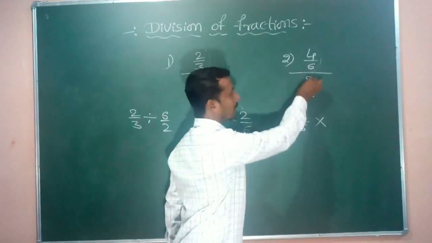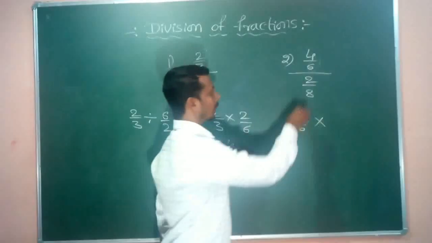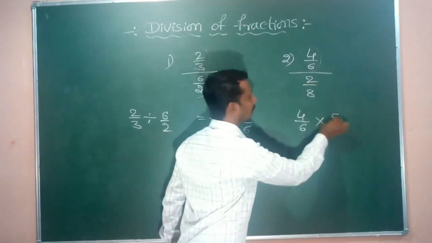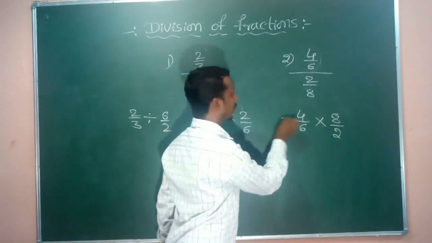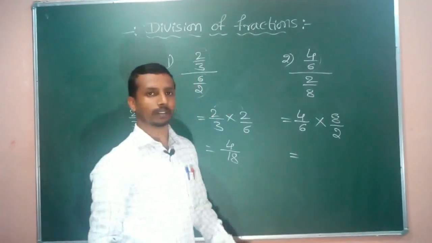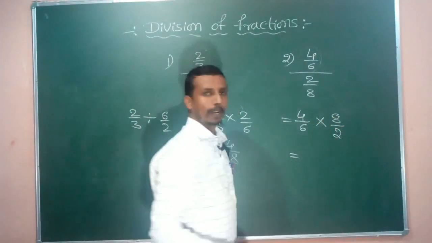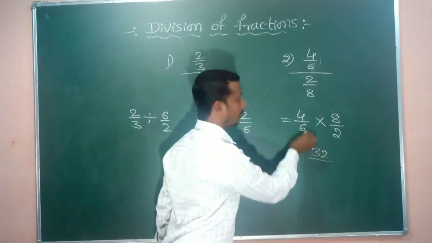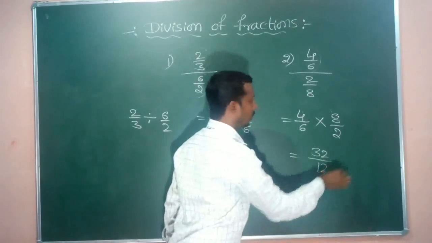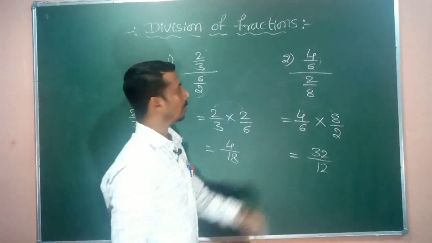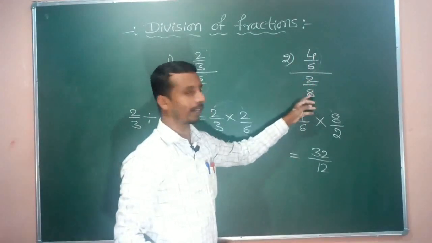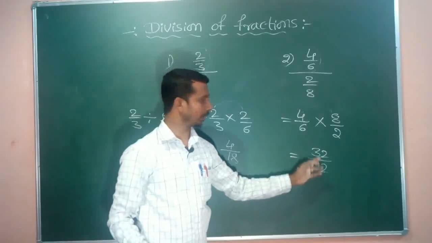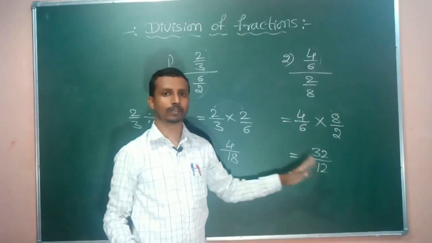Then write the reciprocal of 2 by 8. The reciprocal of 2 by 8 is 8 by 2. Then multiply these two fractions. 4 eights are 32, dividing by 6 twos are 12. Then the division of 4 by 6 and 2 by 8 is 32 by 12.